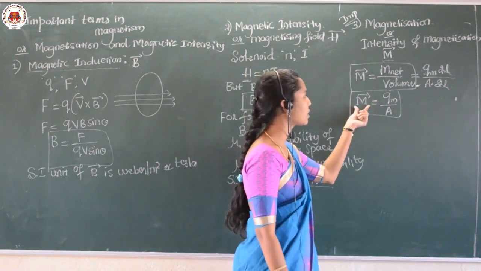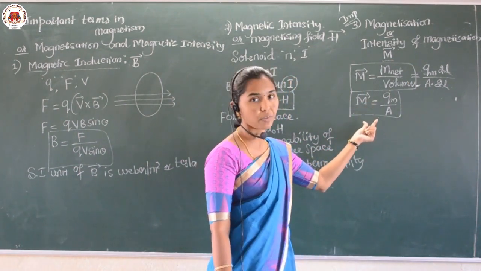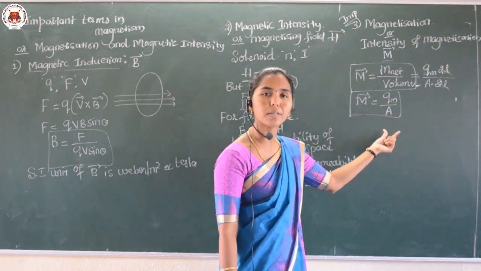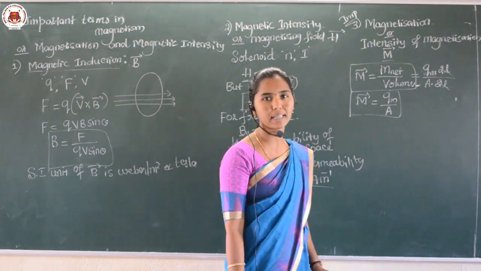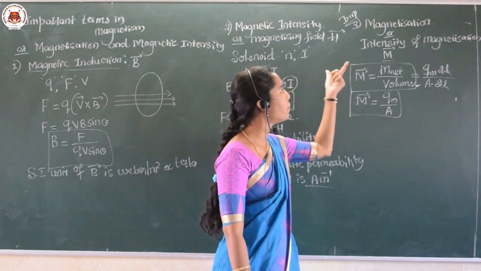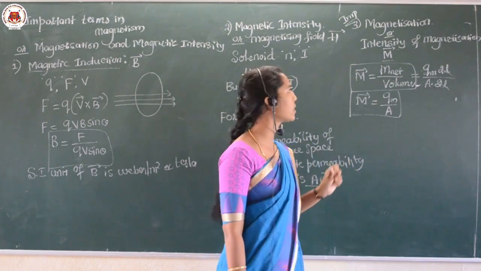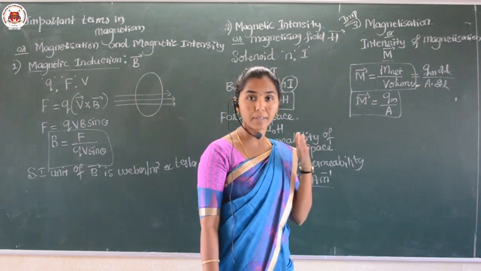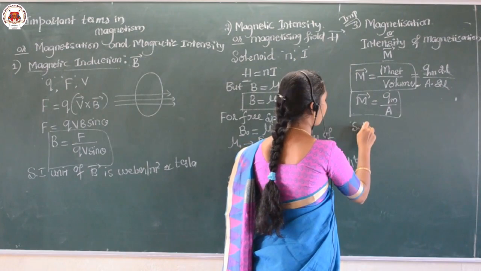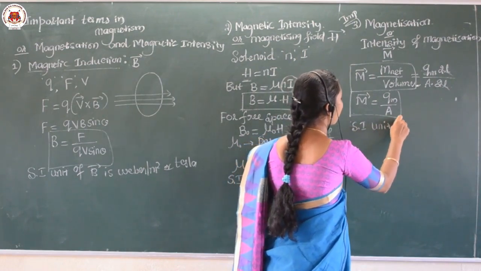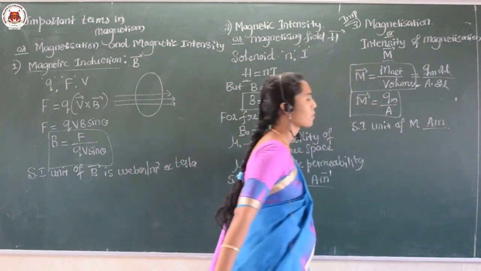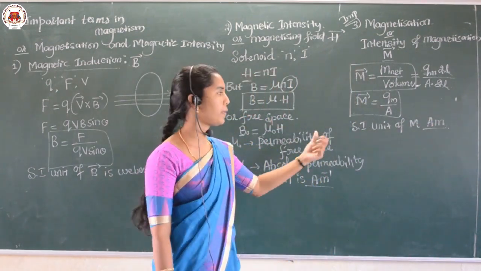The magnetization of the sample is also defined as the magnetic pole strength produced per unit area of the material, or per unit area of the sample, that gives the magnetization or intensity of magnetization. Am I clear? Yes. Then the question is the SI unit of magnetization is ampere per meter. SI unit of M is ampere per meter.